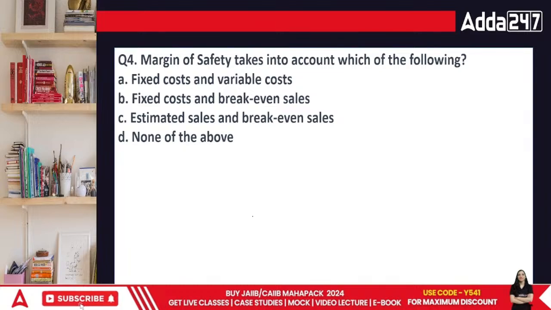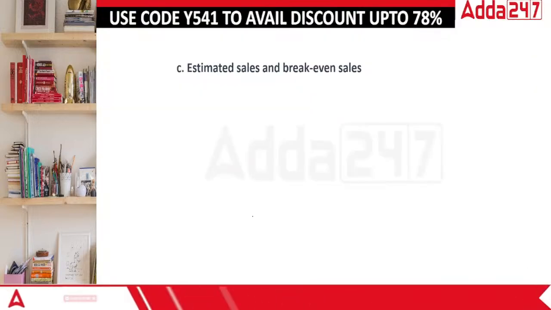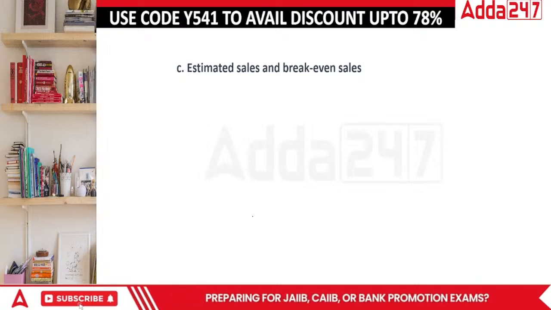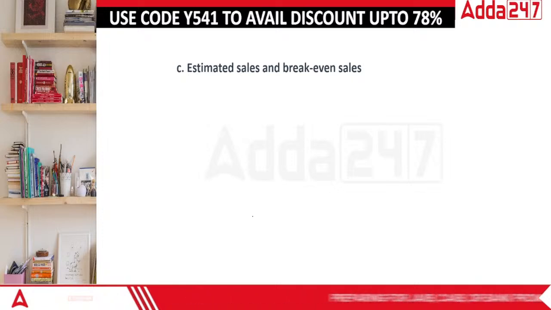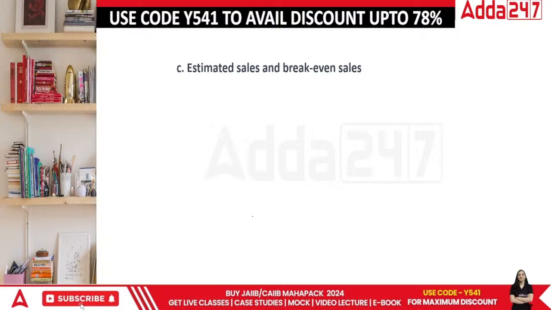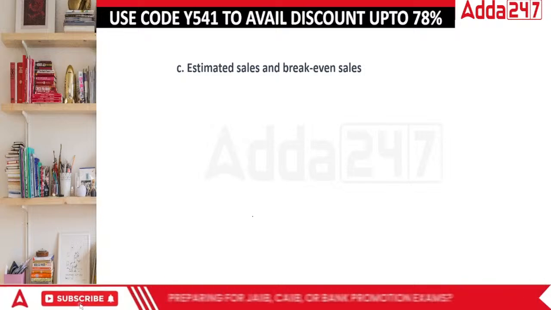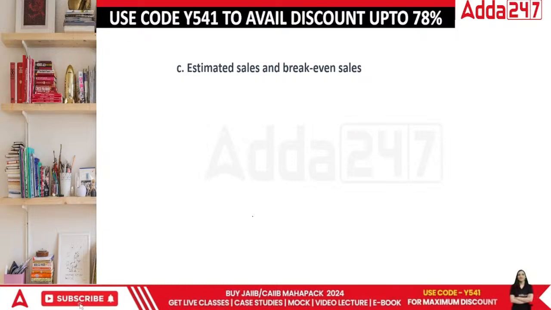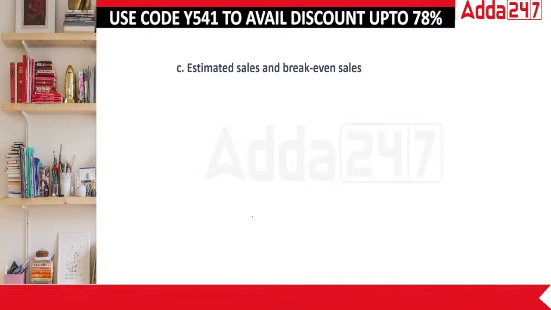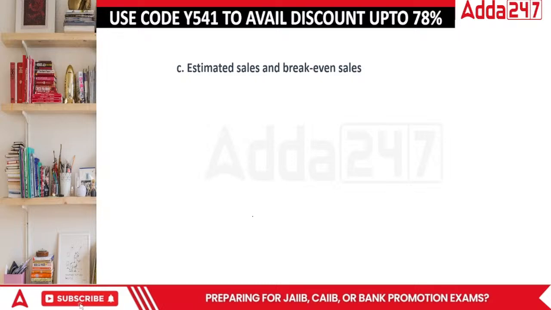We are moving forward. In this case, the most important thing is estimated sales and break-even. We are going beyond the break-even point. That is how we can grow further.